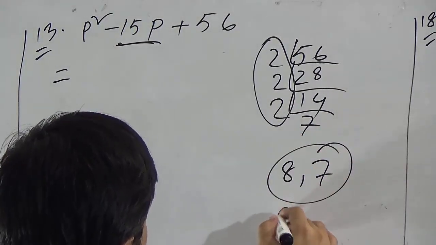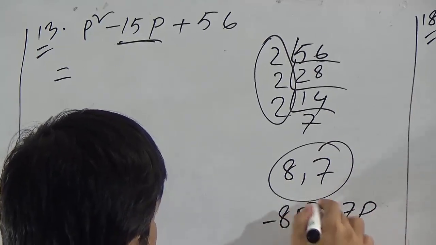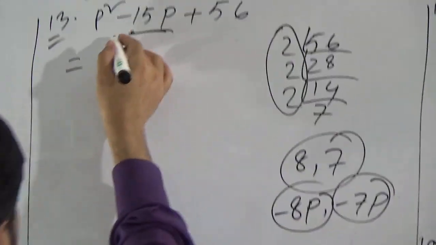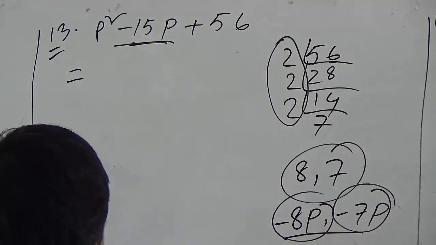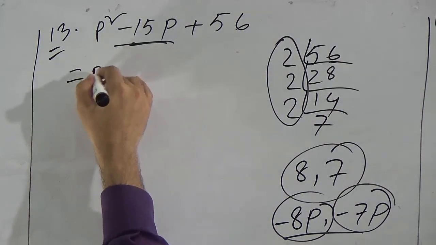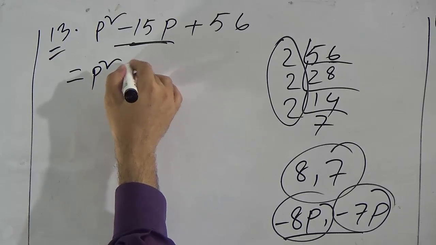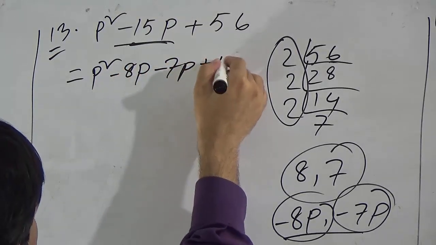So we can say 8p and 7p. If both are negative, then the sum will be minus 15p. Their sum will be minus 15p. So we can write this as p square minus 8p minus 7p plus 56.